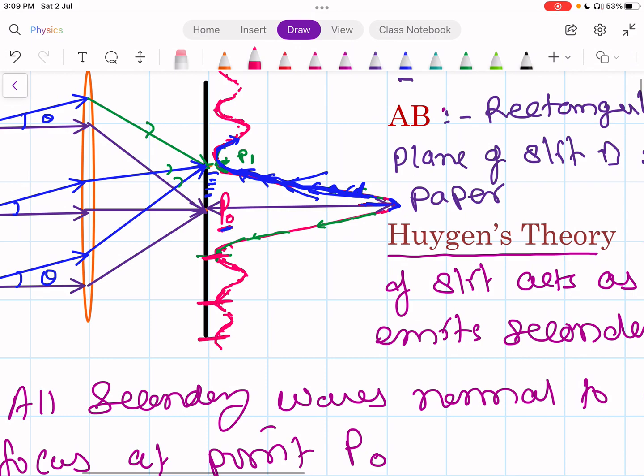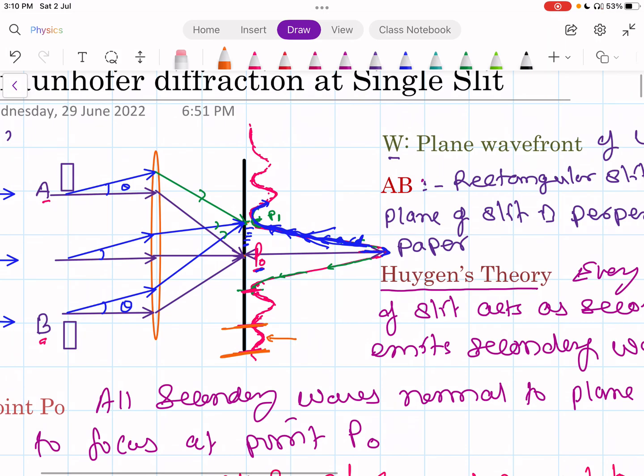So these secondary maxima are exactly between the two minimas. This is a minima, this is minima, and exactly in between these minimas, we get this secondary maxima.